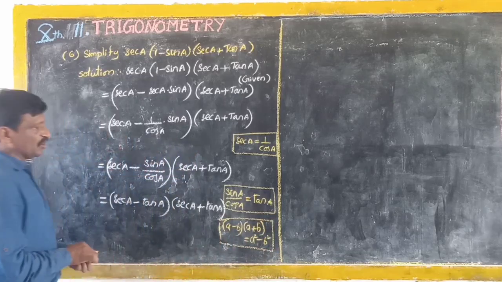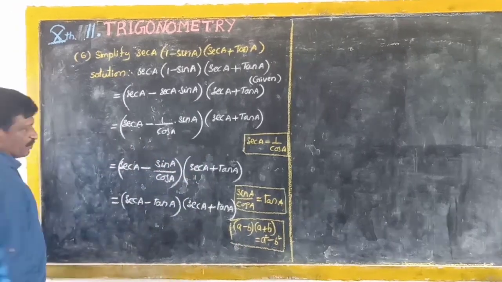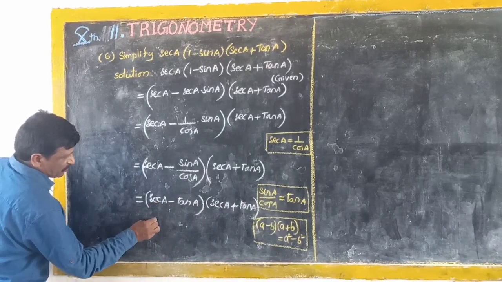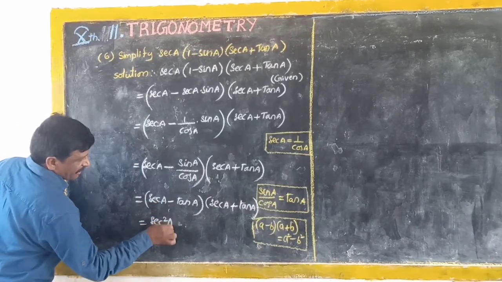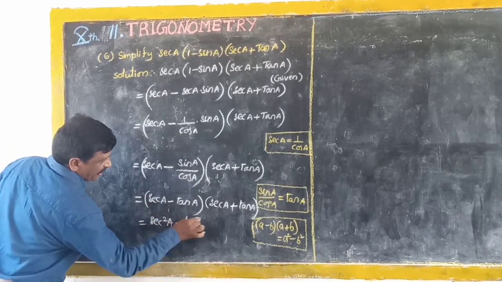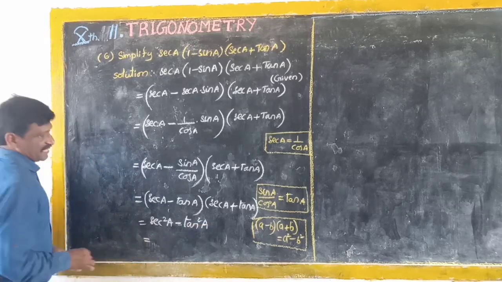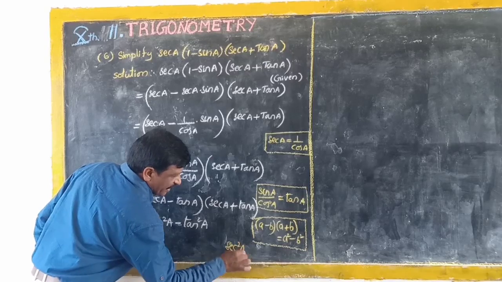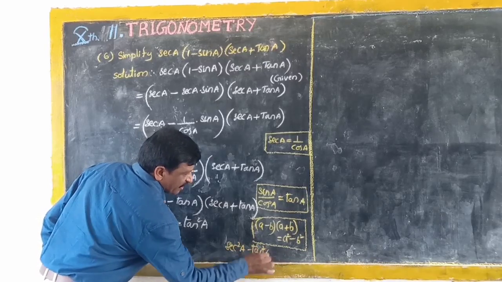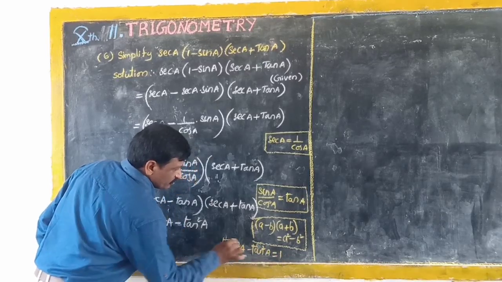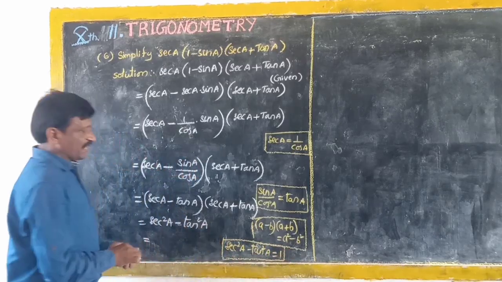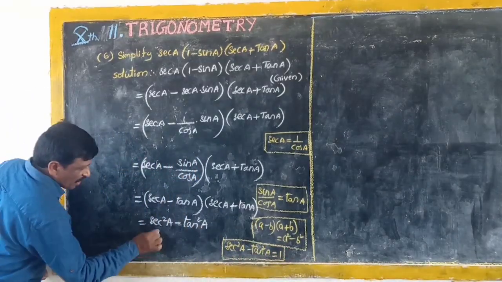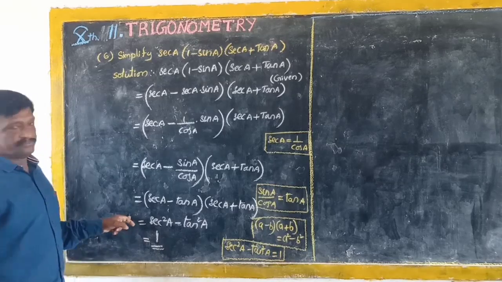So we get secant square A minus tan square A. Secant square A minus tan square A is equal to 1. This is the answer.